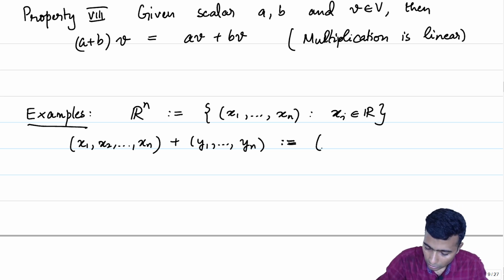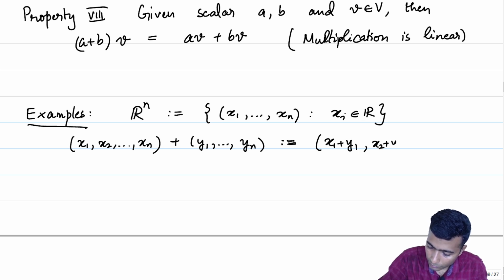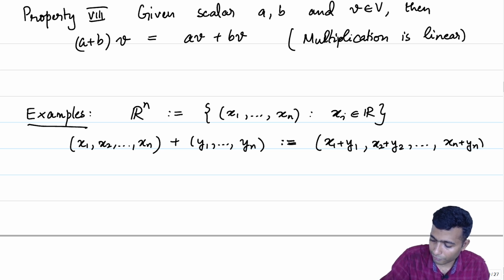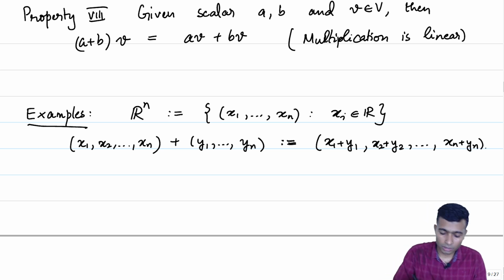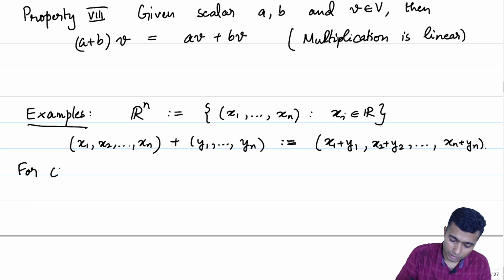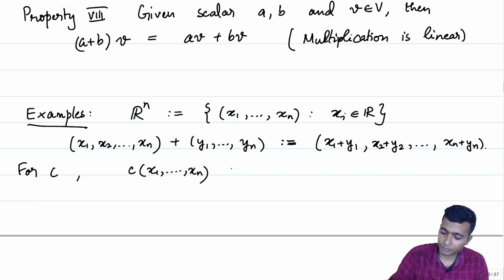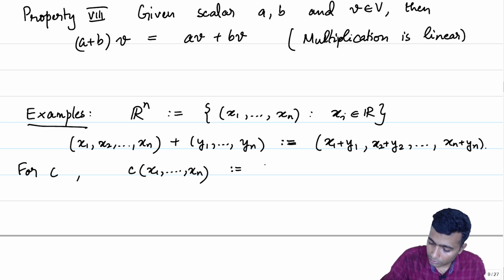What is this? This is x1 plus y1, x2 plus y2, so on up to xn plus yn, component wise, right. So, for a real number c, c times x1 dot dot dot xn is being defined, again with a colon followed by an equal to, as cx1, cx2 up to cxn.